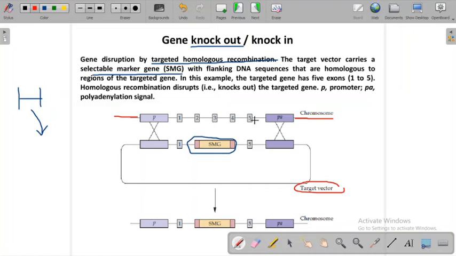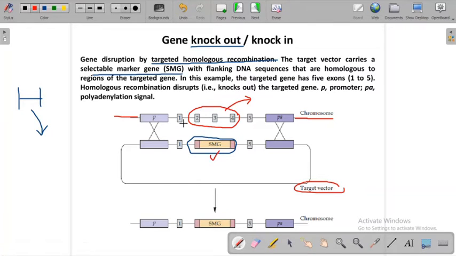There are segments of different genes, 1 2 3 4 5. Now, suppose these genes 2, 3 and 4 are defective genes, and we need to take them out, because they lead to a disorder, or might be responsible for a certain disease. So we need to replace them with the corrected ones, or with an intron, which is not expressible at all. So for that purpose, what do we do?